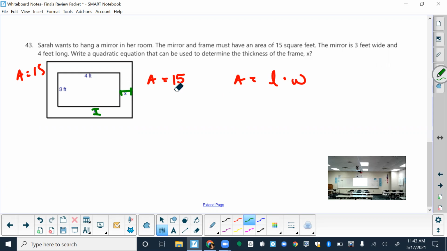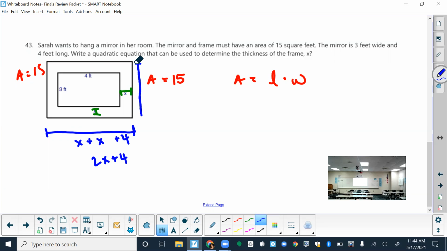So what is actually going on is that down here, the width of the whole thing is going to be X plus X plus 4. So really it's 2X plus 4.